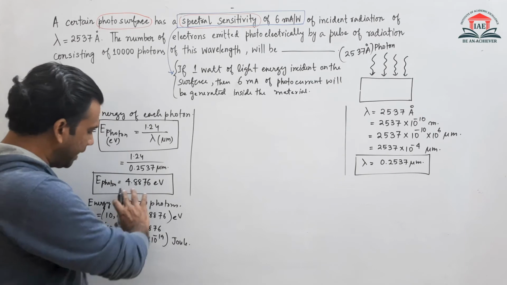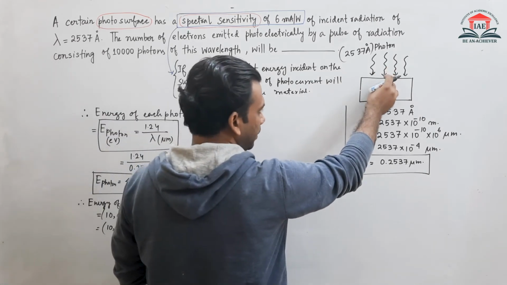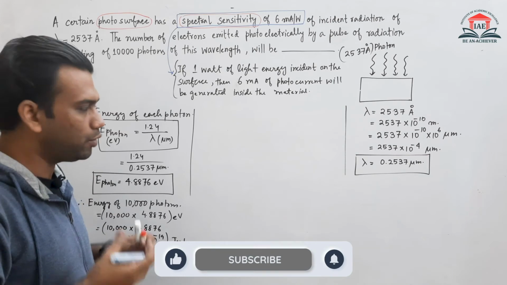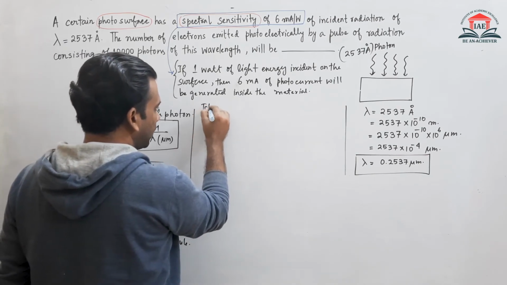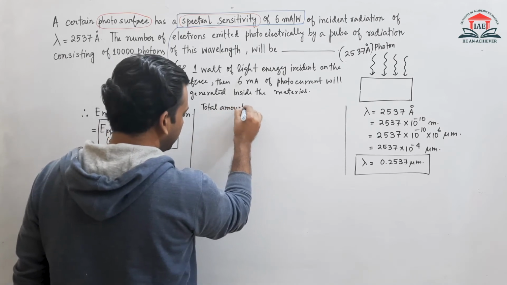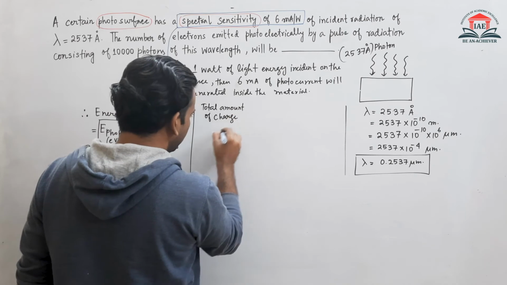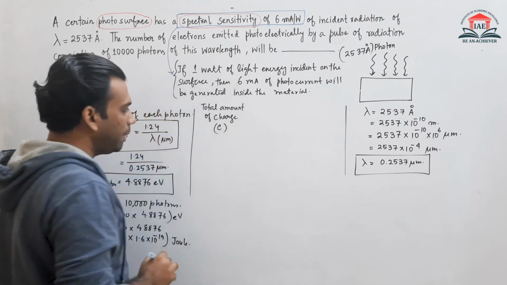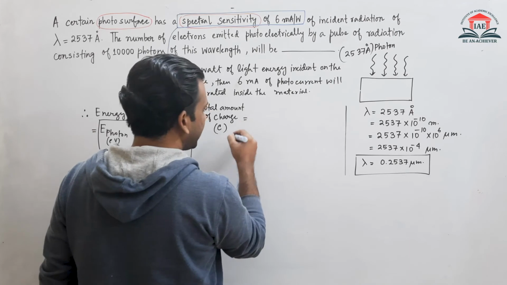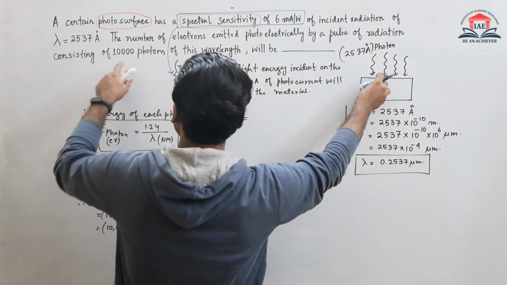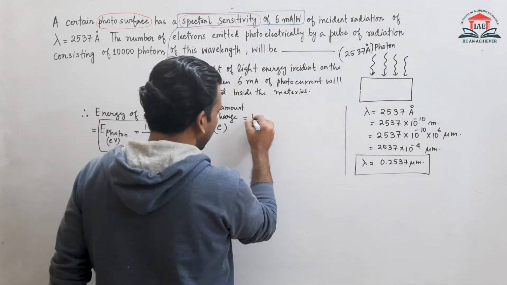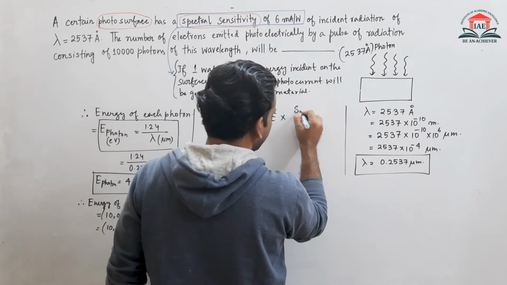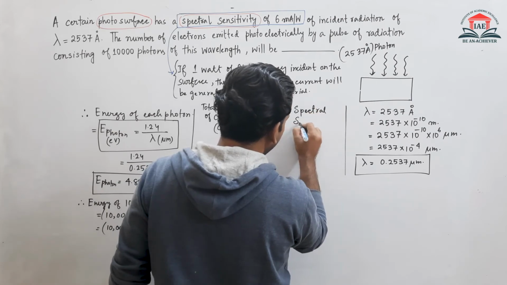Now where are these 10,000 photons falling? On the photo surface. So if my 10,000 photons fall on the photo surface, a total amount of charge will be generated inside it. So what will the total amount of charge be? The total amount of charge, if we call it capital Q, what will its unit be? Coulomb. So the total amount of charge that will be generated inside this photo surface due to the incident of these 10,000 photons will be the total energy into the spectral sensitivity.